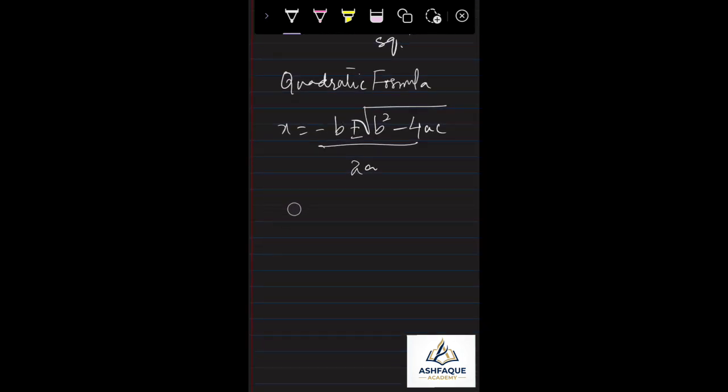So x is equal to minus 6 plus minus, as we know b square minus 4ac we already found out, that is 48, upon 2 into 3.